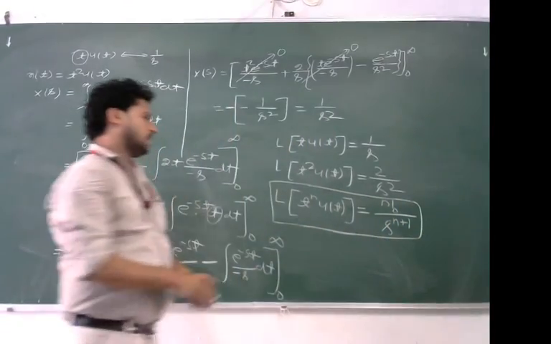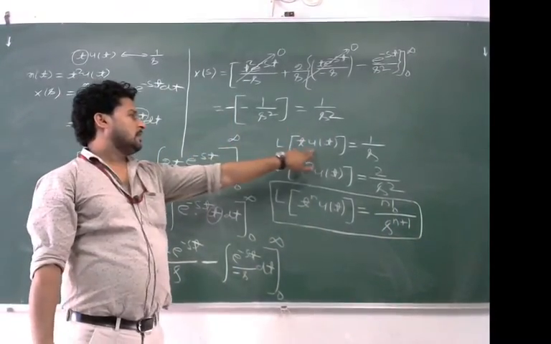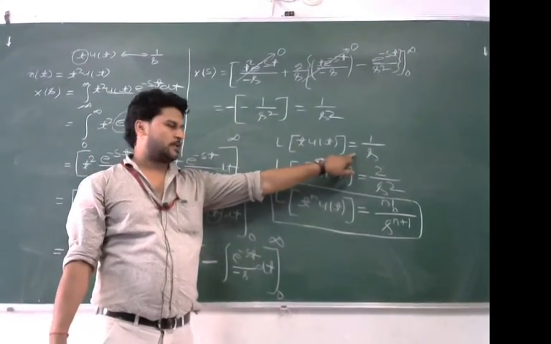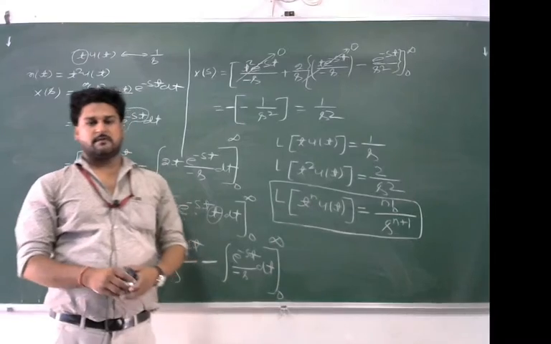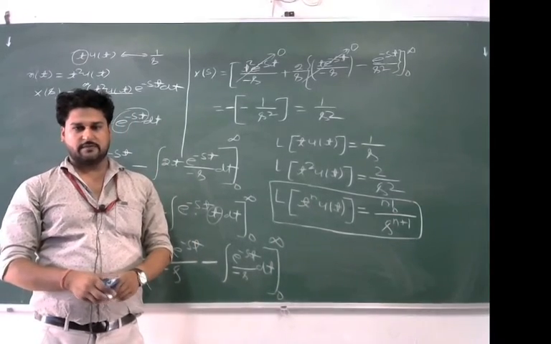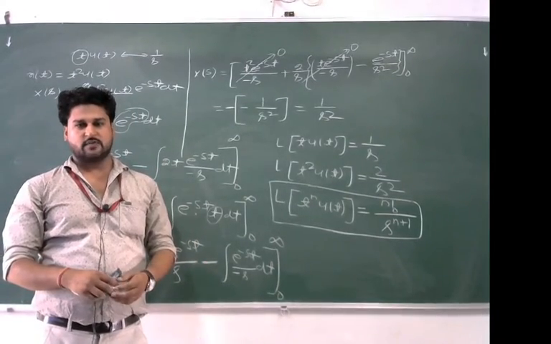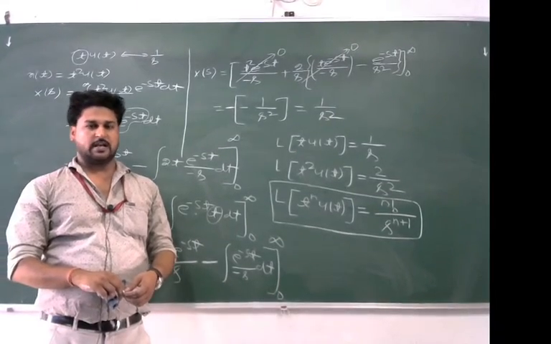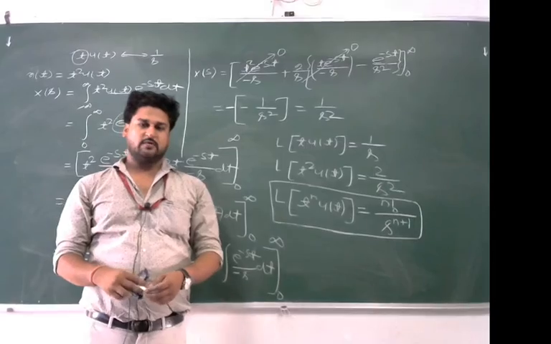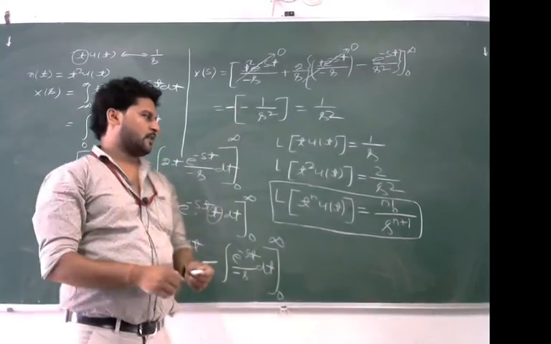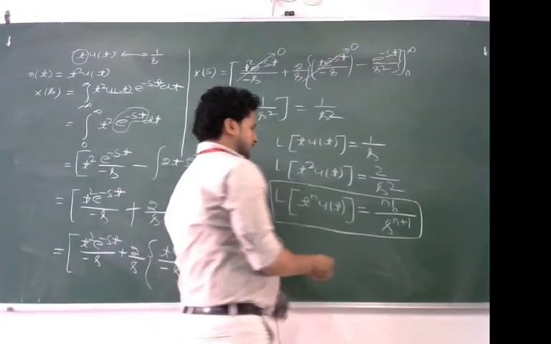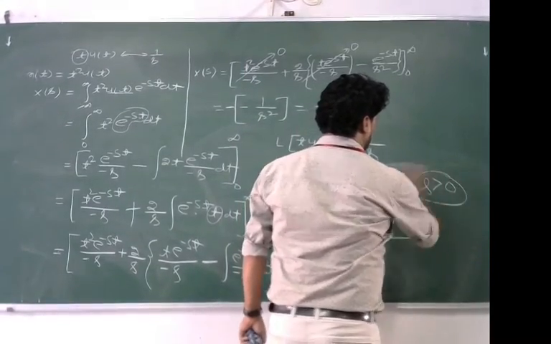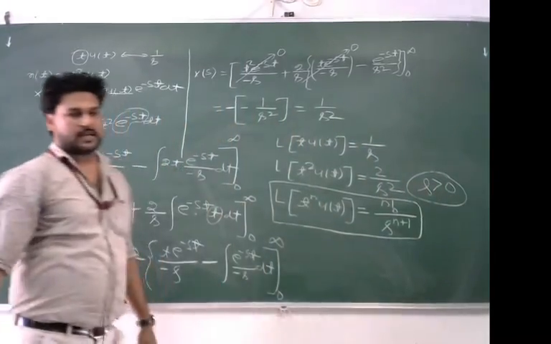We have seen these cases. Laplace transform of t into u(t) is equal to 1 upon s. Laplace transform of t square into u(t) is equal to 2 upon s square. Then Laplace transform of t power n into u(t) will be equal to factorial n upon s power n plus 1, where ROC is s should be greater than 0.